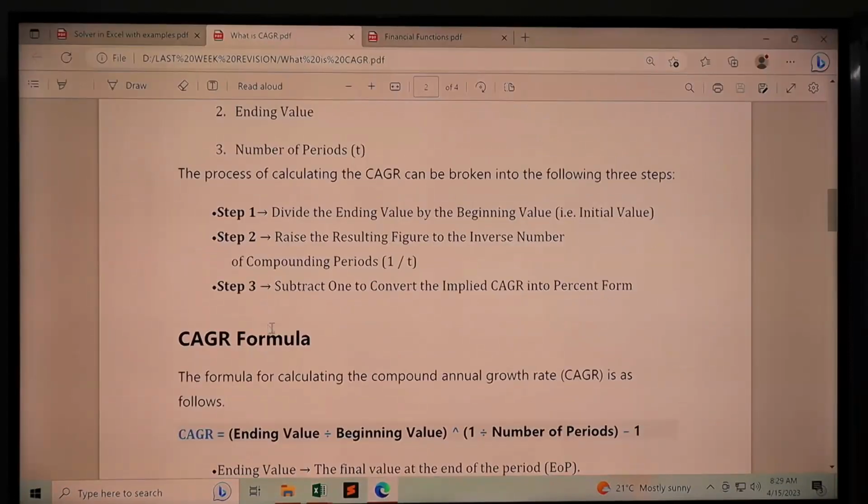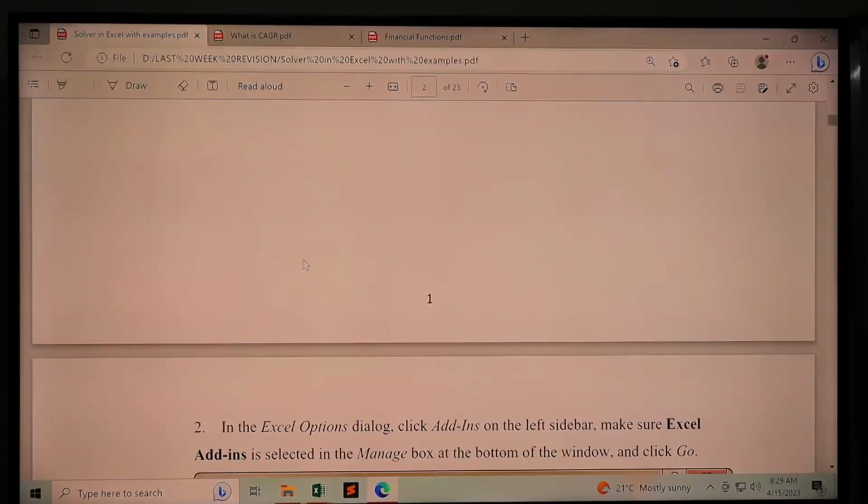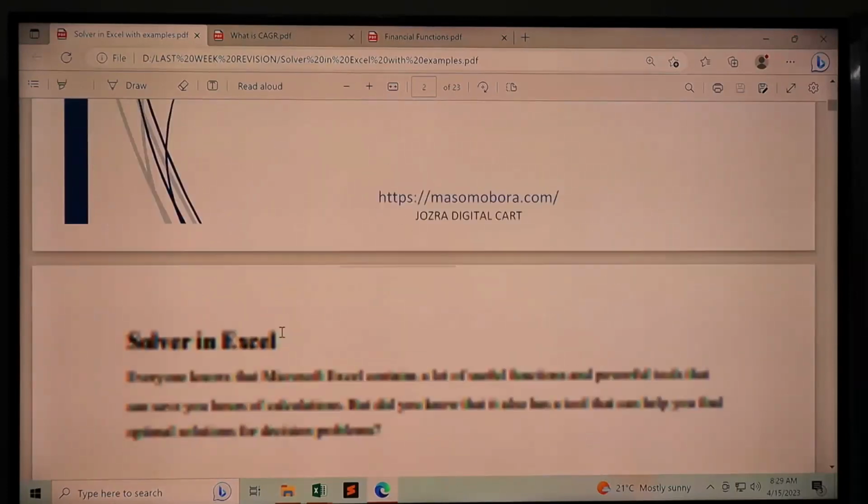And there you have to use solvers. Solvers, just like goal seek, is a function in Excel that has to be added. It will not come with Excel, it has to be customized.